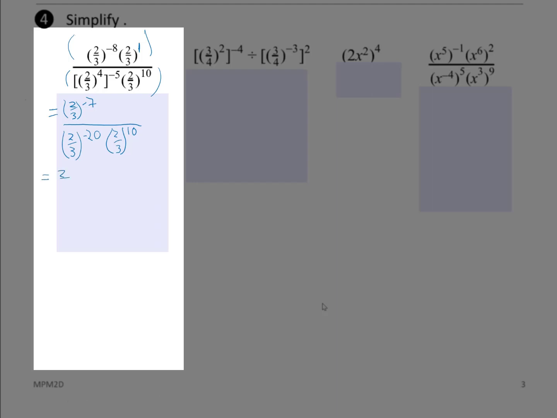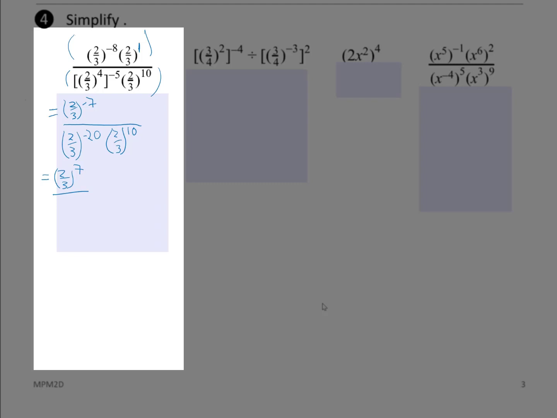We have 2 over 3 to the power of negative 7 all over, well, negative 20 plus 10, because it's a power times another power. So it's base 2 over 3 to the power of negative 20 times base 2 over 3 to the power of 10.